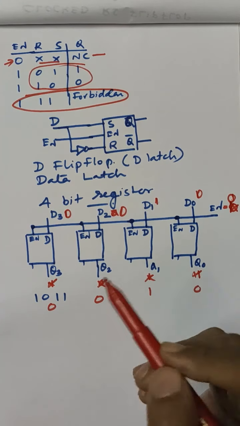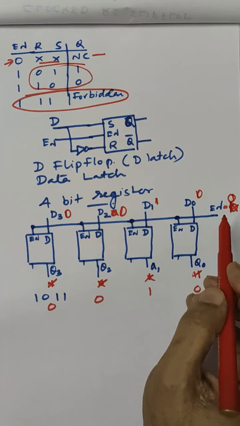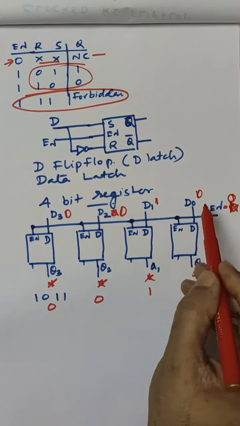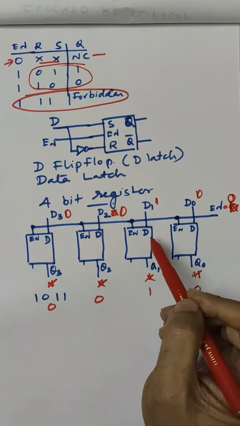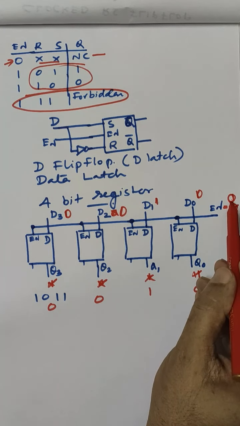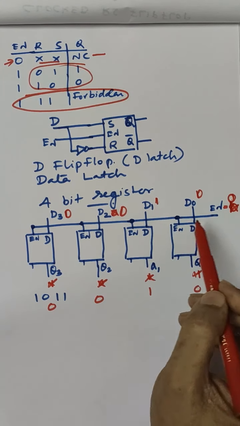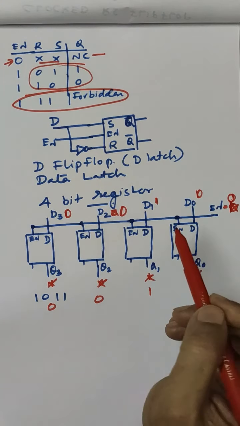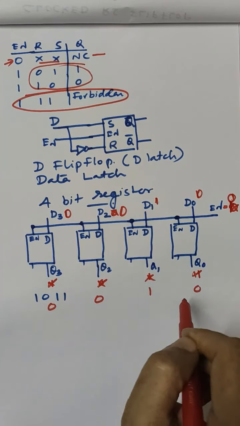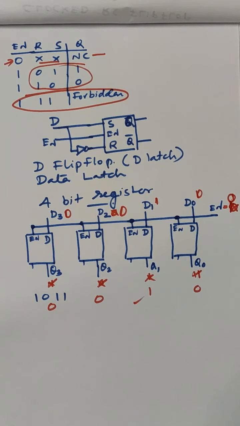So whenever you have to change the data, first you apply the desired values at the corresponding inputs, enable this, that means make this 1, and then after a particular time you change that to 0, so that the value will be kept intact. So this is the concept of a register.